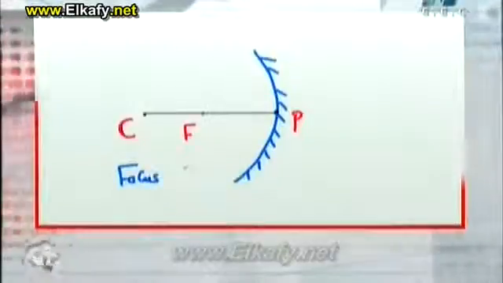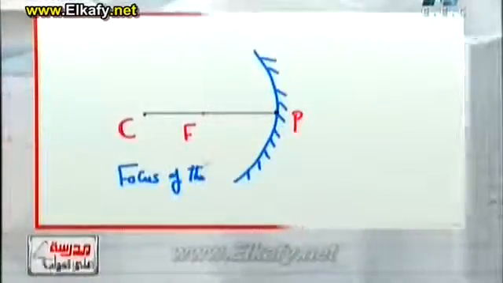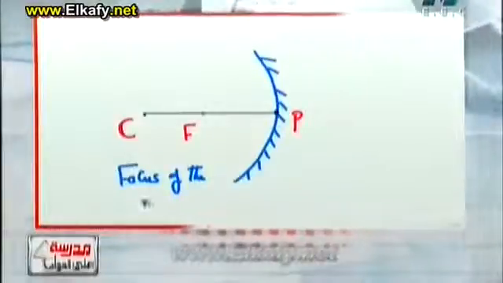We don't forget to draw the center of curvature C with a ruler, and here we have P, and between them a distance, maybe 10 centimeters from P to C. At the middle here, we have F as the focus of the mirror.